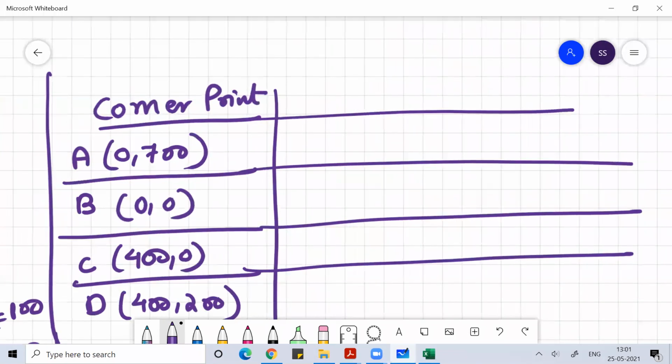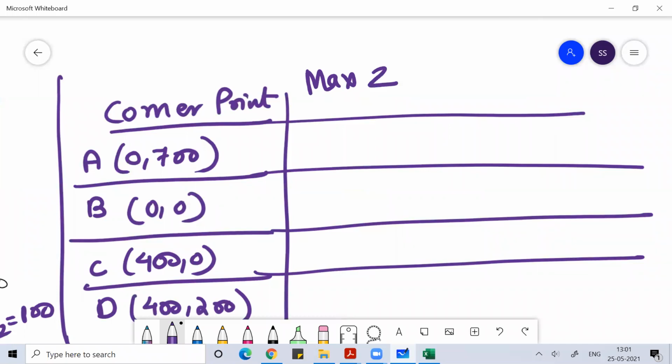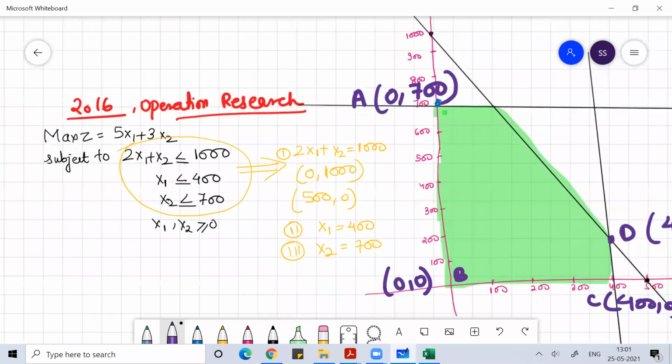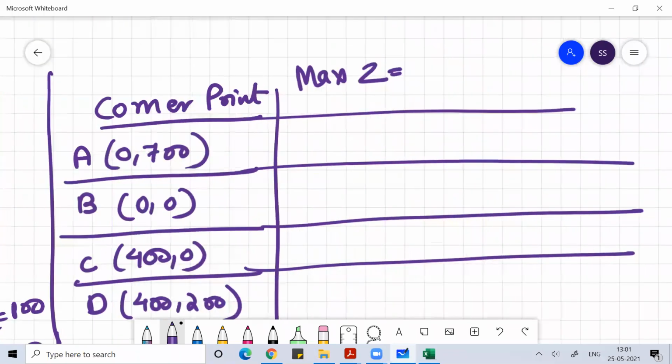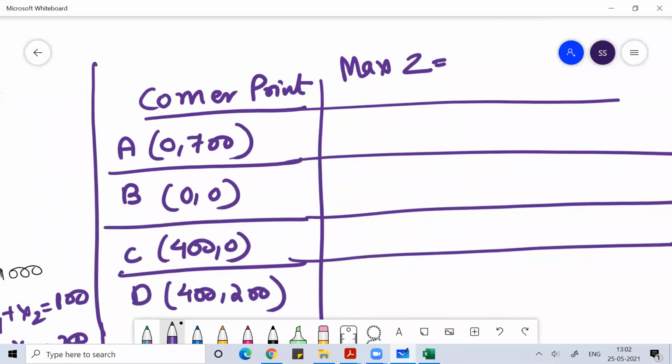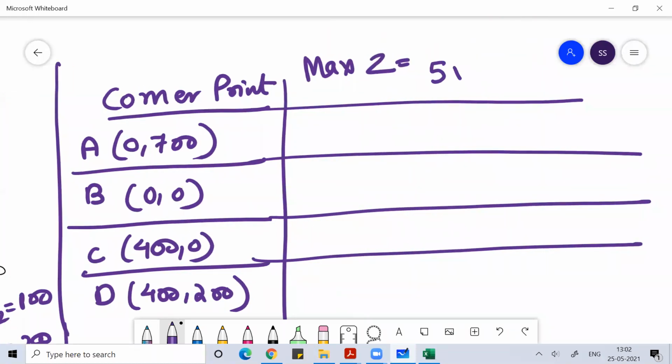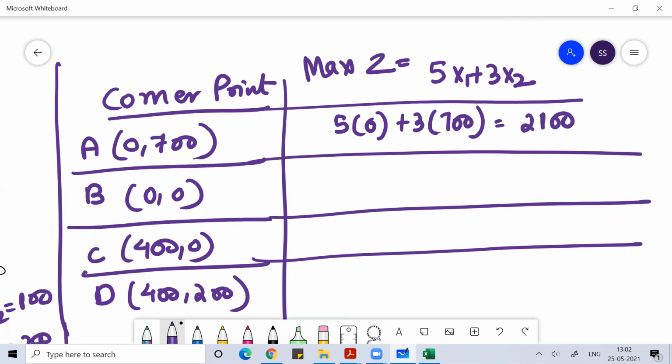Once you get this, find the objective function, maximum of z. The objective function maximum of z is equal to 5x1 plus 3x2. So this is 5 into 0 plus 3 into 700, which is 2100.